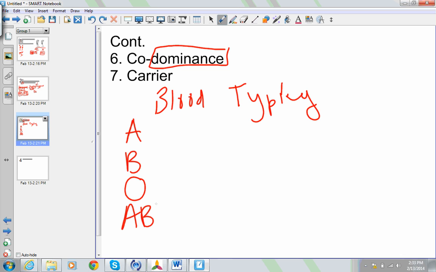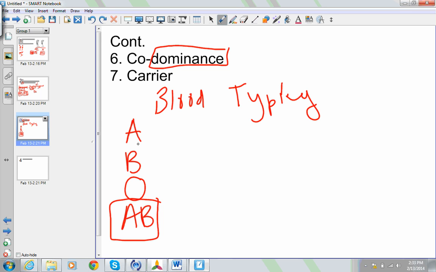Right? So blood type is an example of a couple of different terms. It's an example of codominance because AB blood is when the human receives A blood from mom or dad, and then B blood from mom or dad. And instead of one masking the other, they actually just mix together and are both dominant.